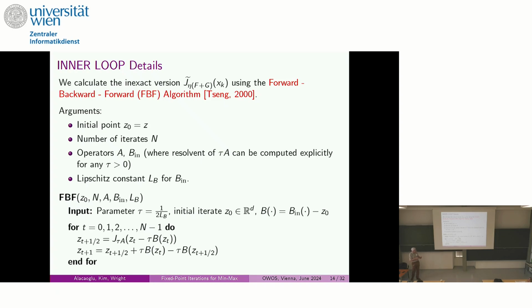So it's something where we can evaluate the resolvent of tau times A explicitly. That's like a projection onto a simple set or something like that. So this series of iterations, it turns out, if you run it long enough, it'll give you the solution to a set valued inclusion involving A and B.